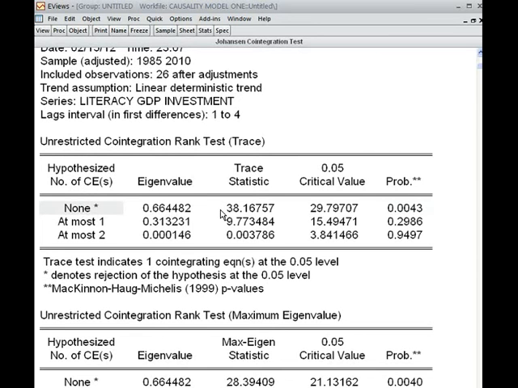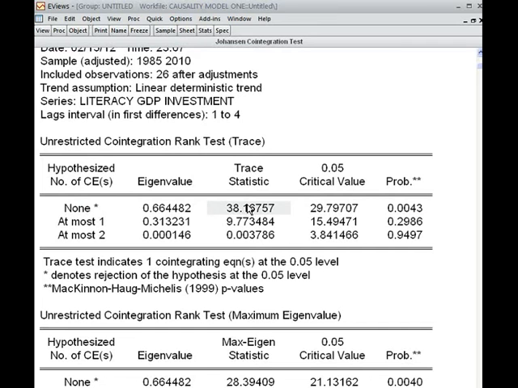And also we can check here, you can see that trace statistics is more than critical value. So what is the guideline? The guideline is that if the test statistics is more than critical value, we normally reject null hypothesis.